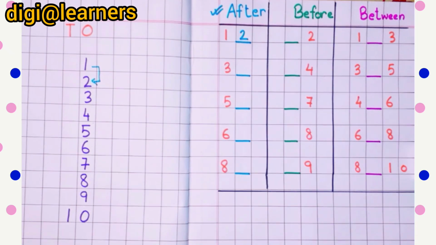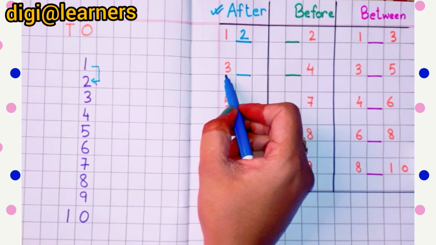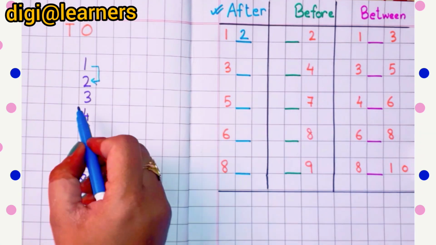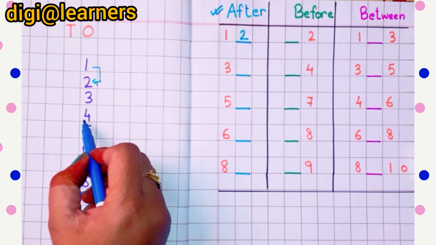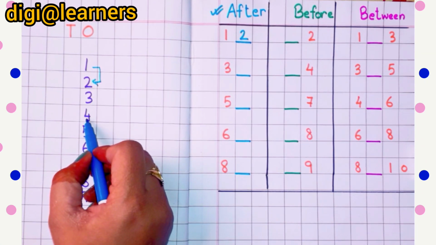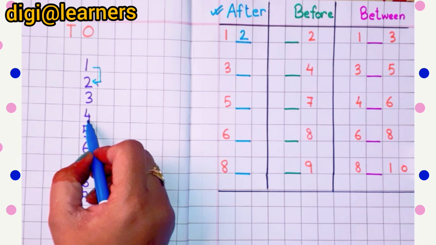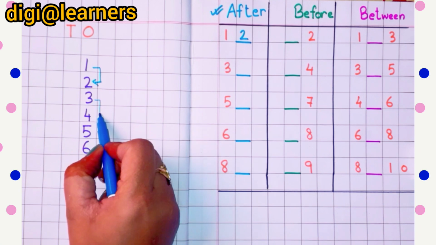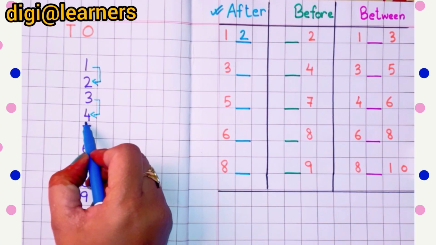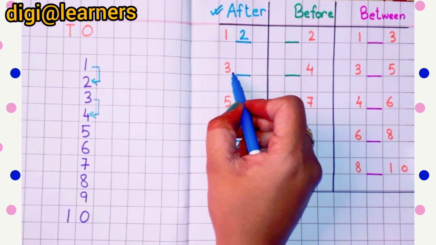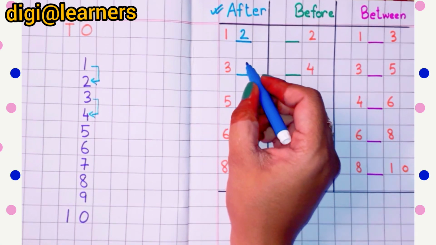In the same way you can see 3 is written. So what comes after 3? What comes below 3 is what you will write as the after number. What comes below 3? Comes 4. So after 3 comes 4.